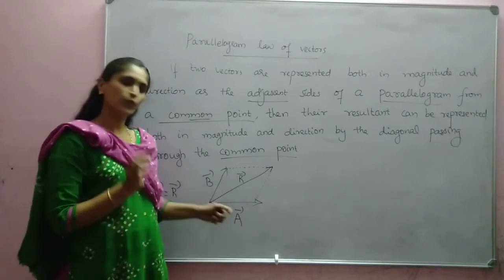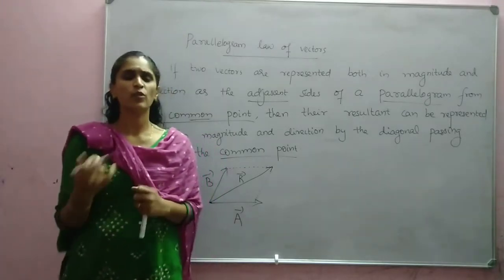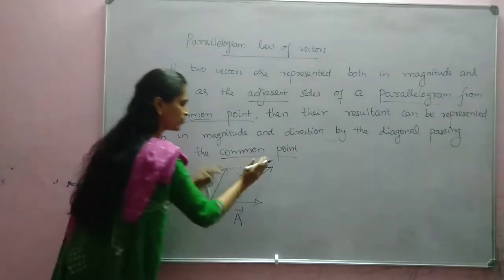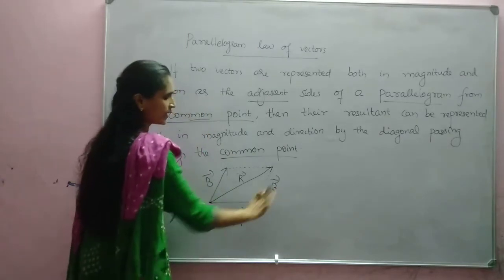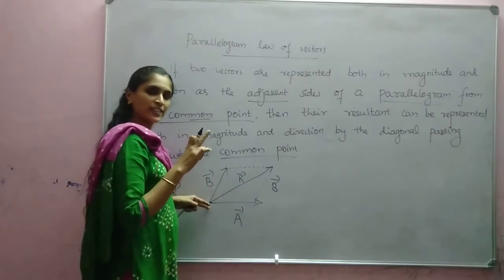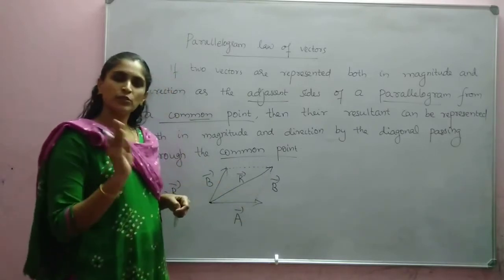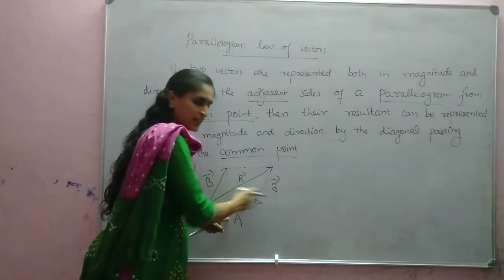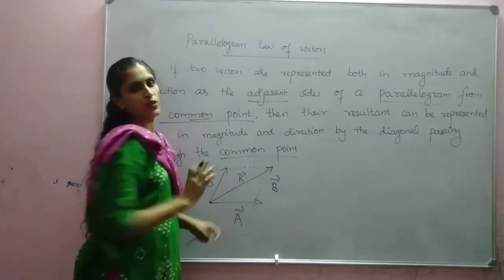You may think that the triangle law of vector addition and the parallelogram law of vector addition are the same or different. Both are the same. Here you can see that the same vector you can shift here. This is A, this is B. In the triangle law of vector addition, we said that if two vectors are represented both in magnitude and direction as the two sides of a triangle taken in the same order, the resultant will be the third side taken in the opposite order.